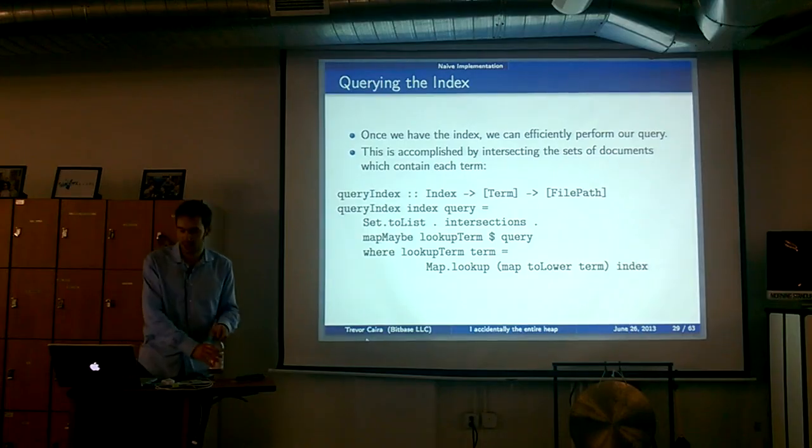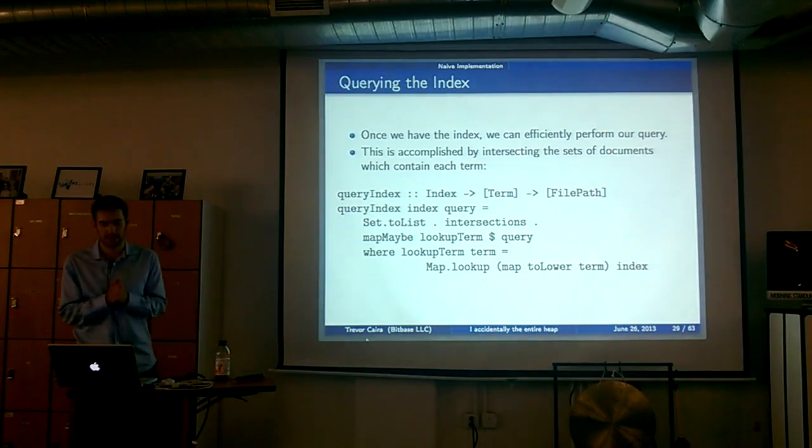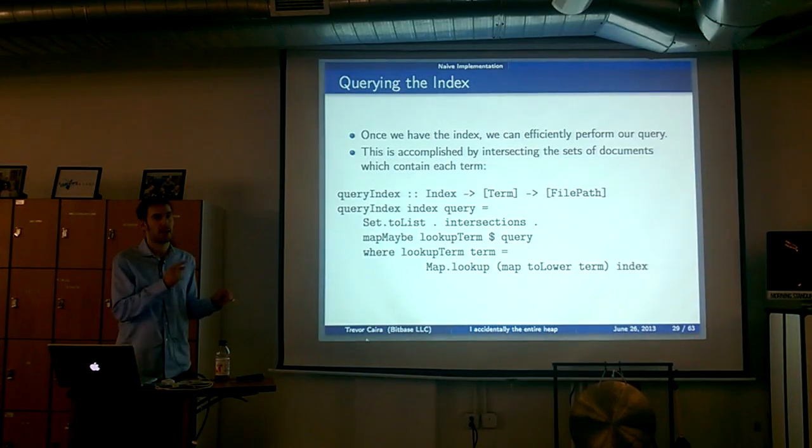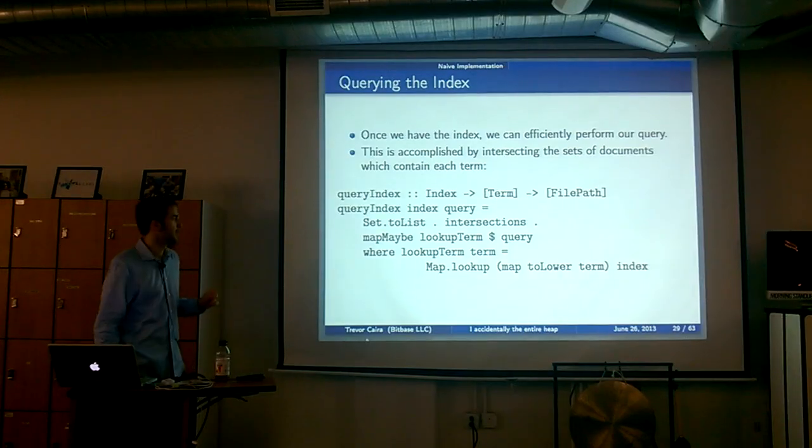Now, the last code component before we intend to run this is the querying component. So we want to be able to give an index and look up which documents all of those terms are in.